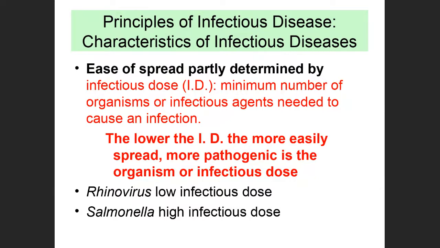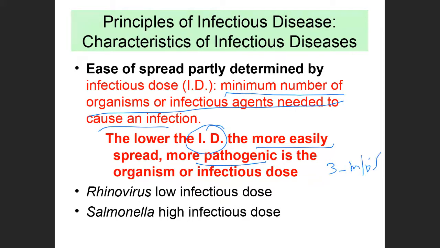Infectious dose is the minimum number of organisms that can cause an infection. The lower the infectious dose, the more easily the organism is spread. So that means it's more pathogenic, it's more virulent. Think about it. If 3 organisms can cause an infection, that will be more virulent than if you need 100 to cause an infection.